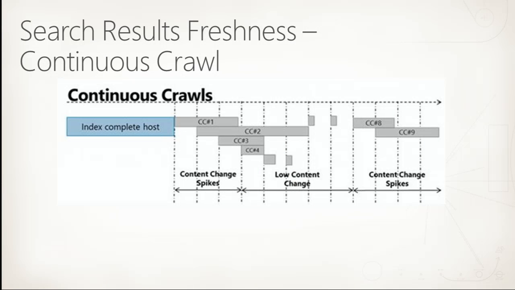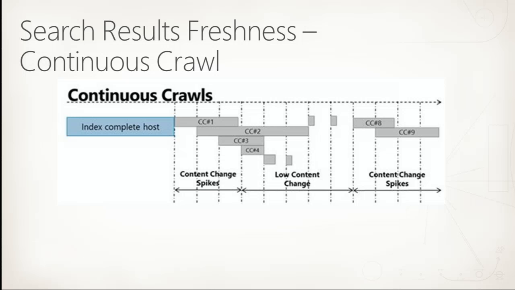In 2013, we've got a third type of crawl. This is the continuous crawl. The continuous crawl can be used on SharePoint content sources, and this is much more effective than the incremental crawl, because first, you can run more than one continuous crawl at the same time.